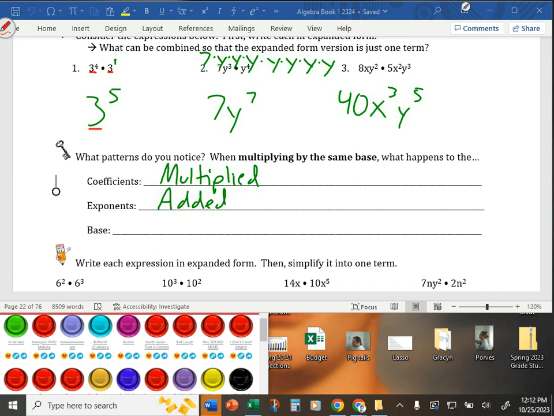Okay. When we got down for this one, this 10 cubed times 10 squared, our answer was 10 to the 5th. Not 100, 10 to the 5th. 6 squared times 6 cubed, 6 to the 5th. Not 36, 6 to the 5th. Right? What happens to our bases?